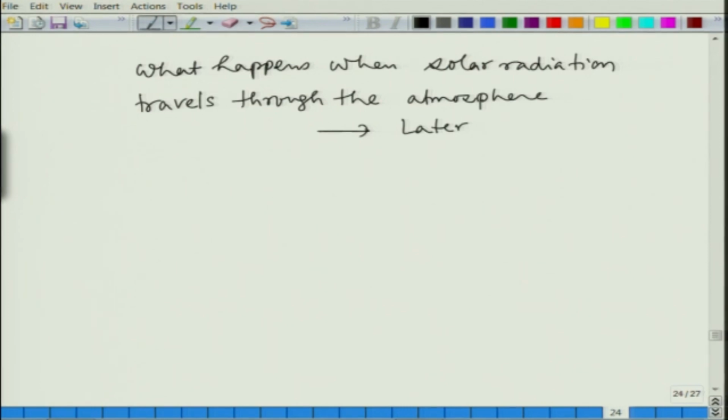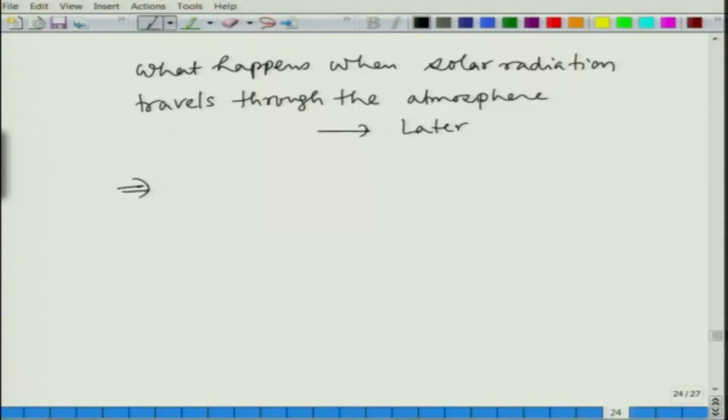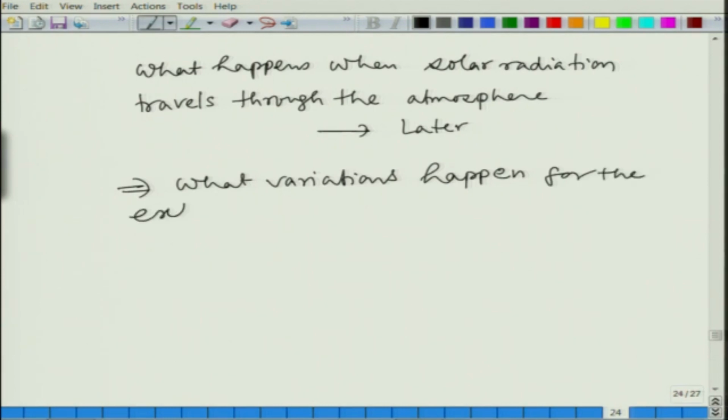But there are a lot more interesting things that happen in the extraterrestrial radiation only. So, what variations happen for the extraterrestrial radiation? That is what we are going to see now.